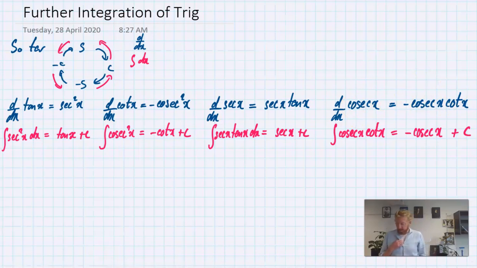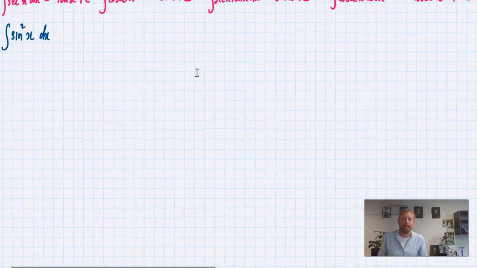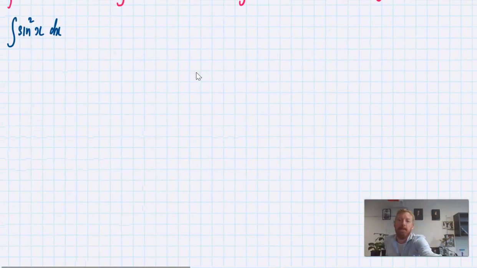Now we are going to work on something like the integral of sine x. We know that's just minus cos, but I want sine squared x dx. Now this is new. I'll get rid of all that to give us some room here. I want the integral of sine squared x.